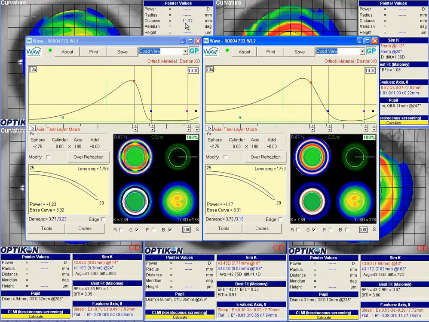And so I think if we go to a 11.1 diameter lens for this patient, it will not be too large at all. I can even imagine putting in 11.2 and 11.3 on this patient. Starting from 10.3 though, going all the way up to 11.1 is already pretty significant. So let's just go with that for now.